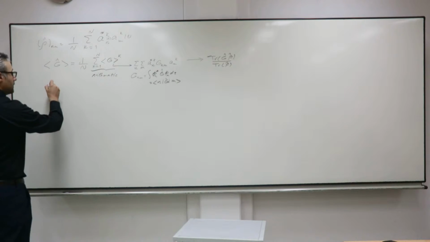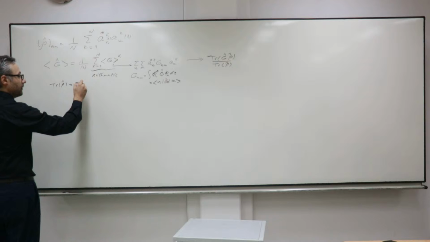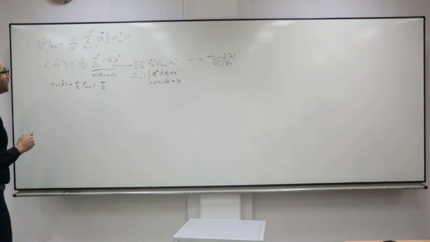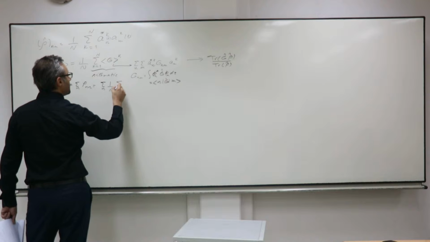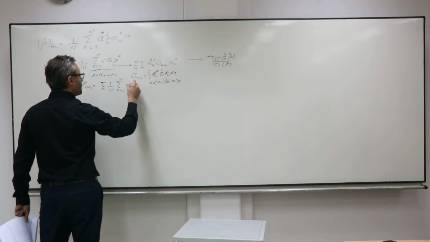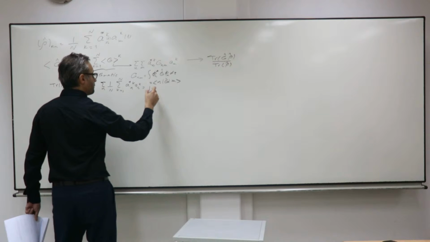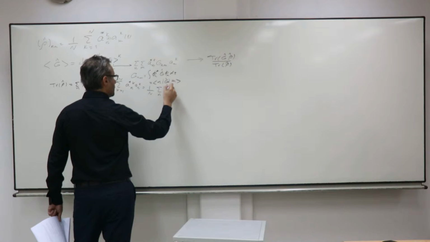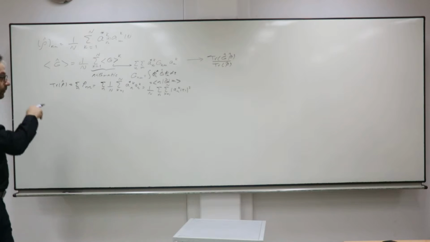What is the trace of rho? Sigma n, the diagonal element of this rho nn. What is rho nn? It is 1 over n, sigma k from 1 to n, a_nk star a_nk, which is 1 over n, sigma n, sigma k, the absolute value of a_nk squared.